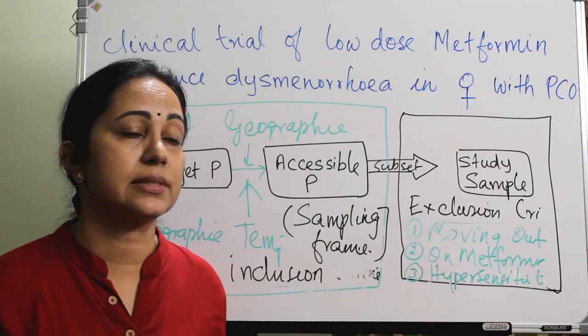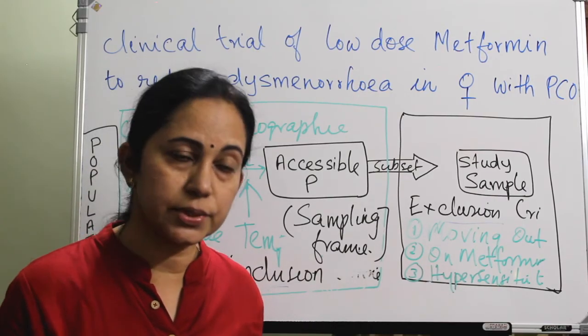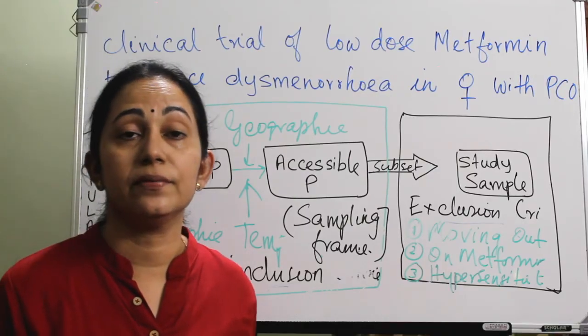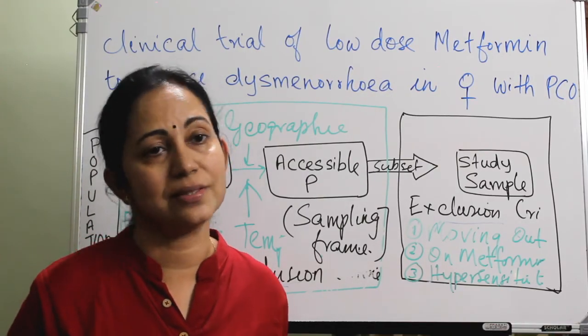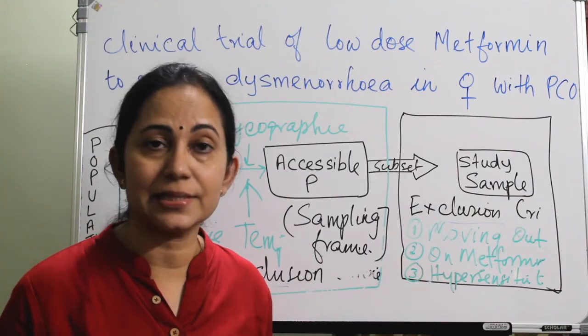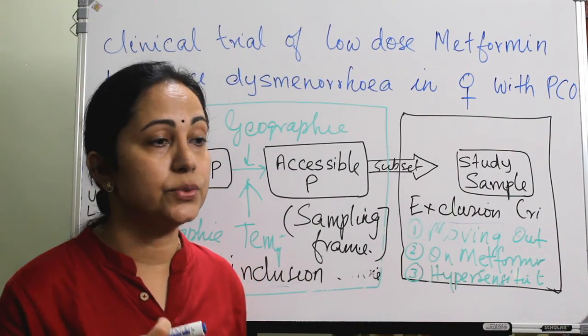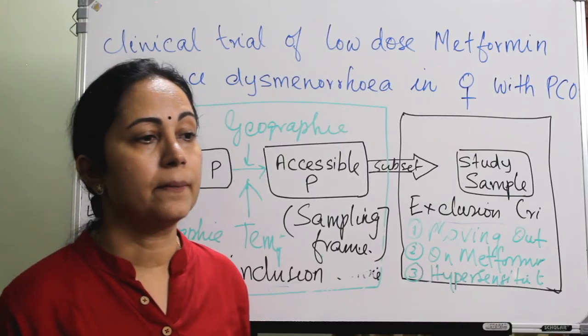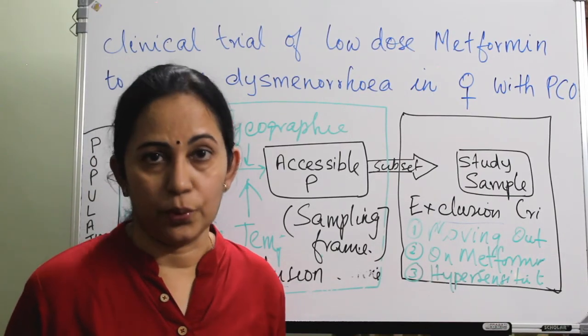Before starting the study and also throughout the study, you have to stick on to all these criteria in order to get a very good internal validity of the study. So the recruitment strategies are very important to reduce bias due to non-response and loss to follow-up. Okay.